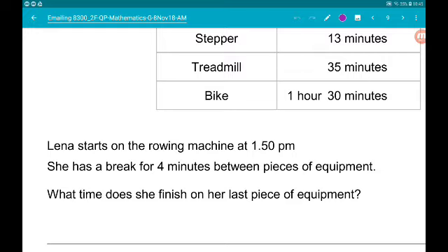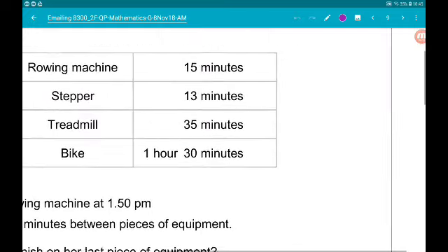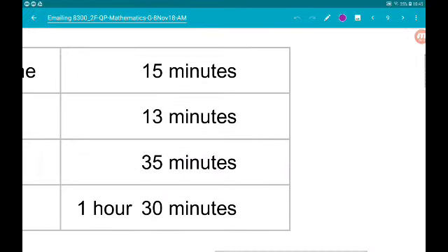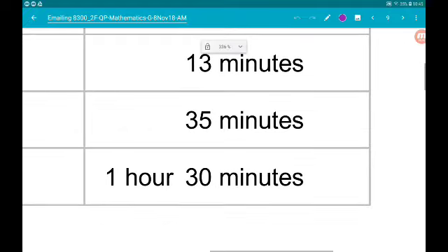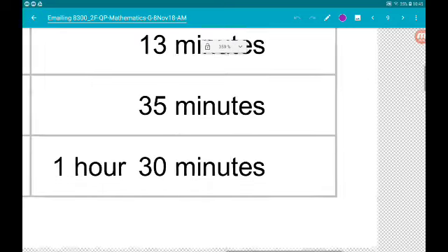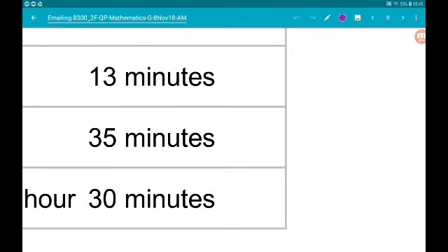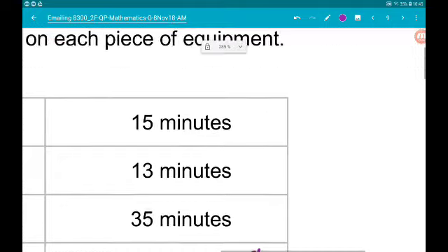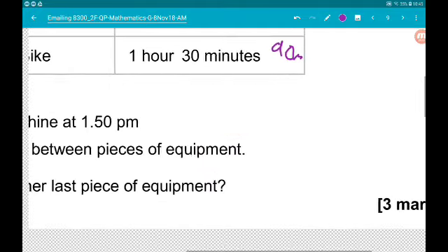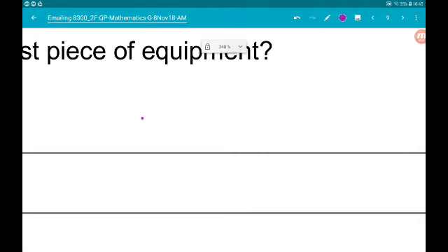Okay, so first up, what we need to do is add together all of these times. Now we want everything to be in terms of minutes, so 1 hour 30 minutes is 90 minutes. Okay, so she goes 15 minutes on the rowing machine. Then she's going to have a 4-minute break.